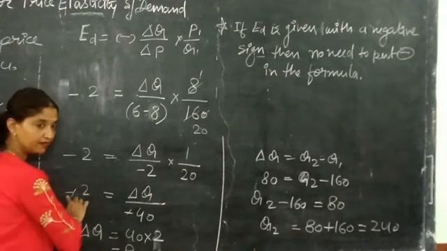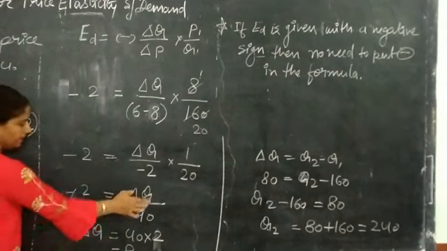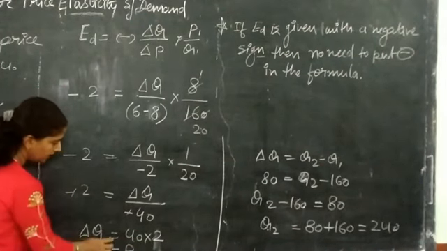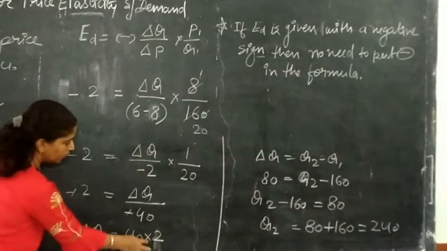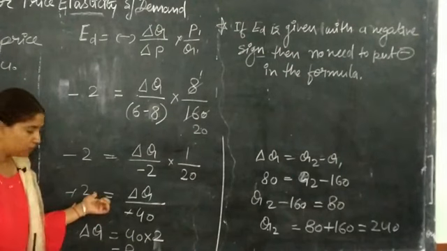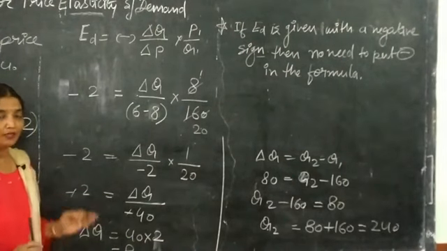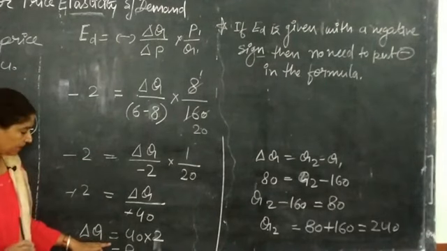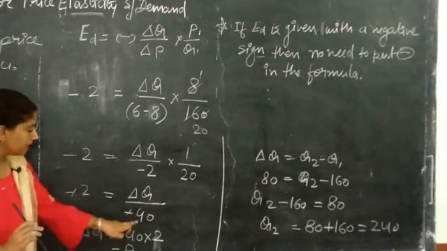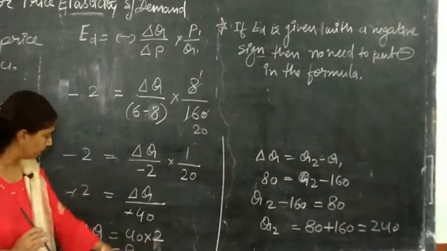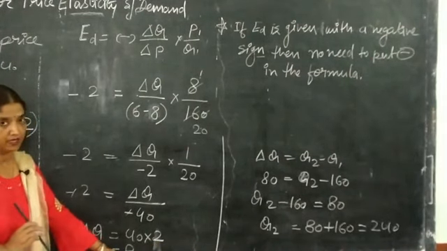The minus sign will cancel, and rewriting this, delta Q equals 40 multiplied by 2. We will cross multiply the values to know the change in quantity demanded, that is delta Q, and delta Q can be calculated by cross multiplying 40 by 2. 40 into 2 is 80.